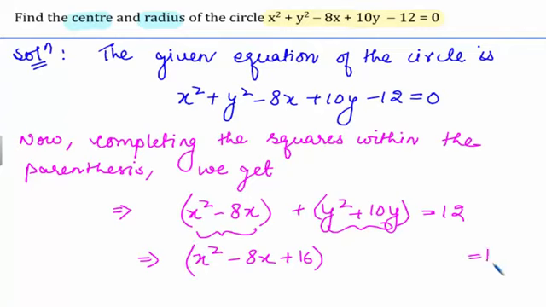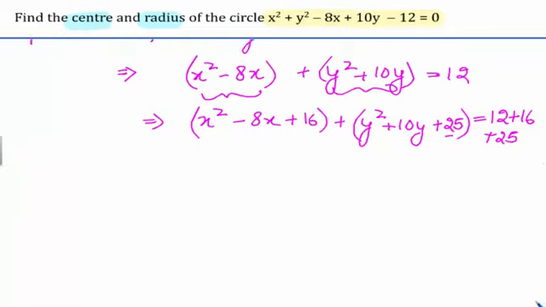So adding 16 on the right hand side since we have added it on the left hand side, and this bracket can be written as y square plus 10y plus 25. Now adding 25 on the right hand side since we have added it on the left hand side.